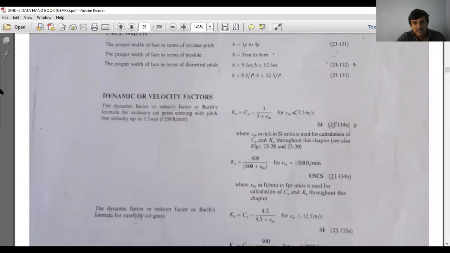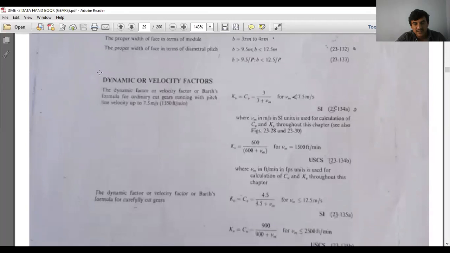Yeah. See the dynamic or velocity factor. Now it is visible. Please check the dynamic velocity factor. Is anyone give me response? Does anyone give me response?